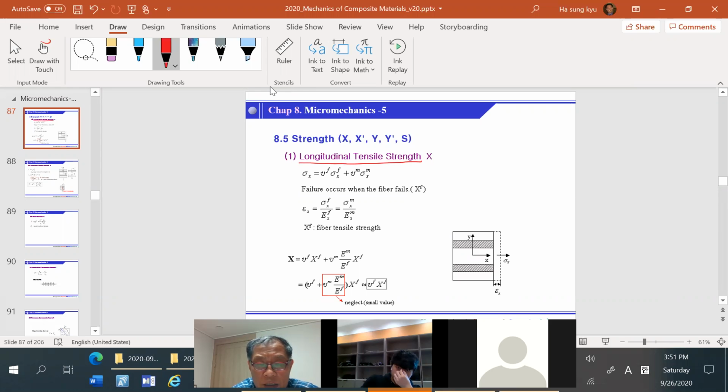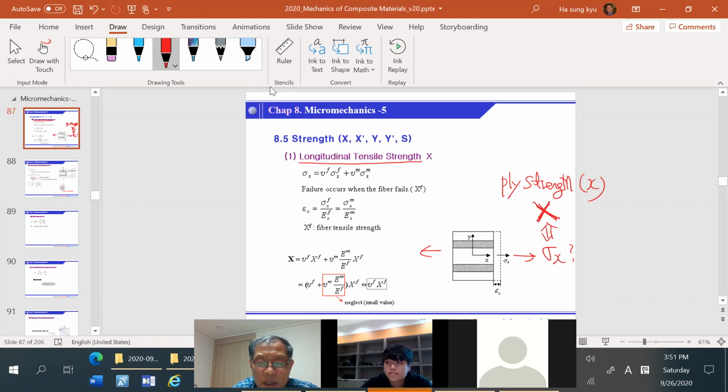We have a composite, and this is subject to sigma x in the fiber direction. Now, when it fails, we call this strength X. What is X? X is the ply strength in the fiber direction, the x direction.